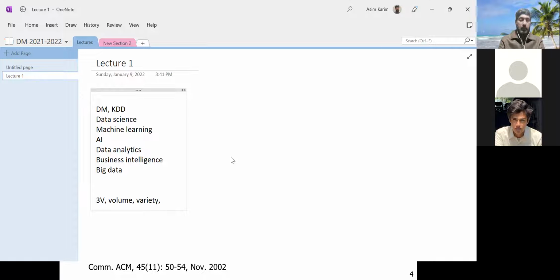Volume, variety, velocity. This is essentially trying to characterize that we have lots of data available nowadays. There are huge amounts of data. That data is coming in streams in large amounts continuously. So that's velocity. And there's a variety of data.